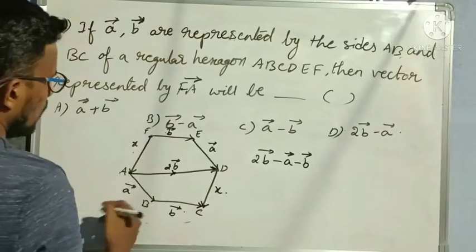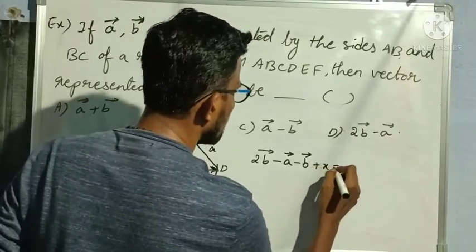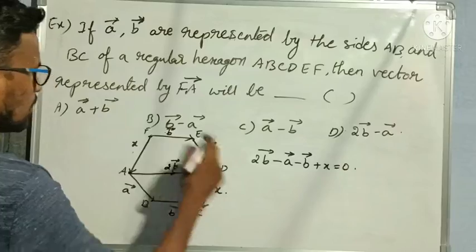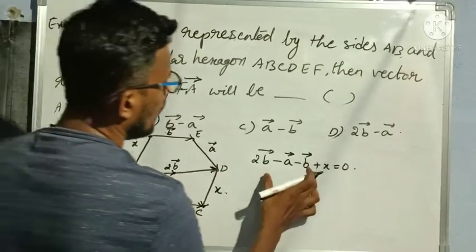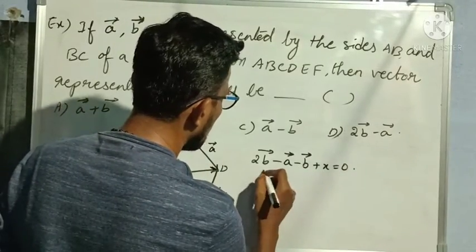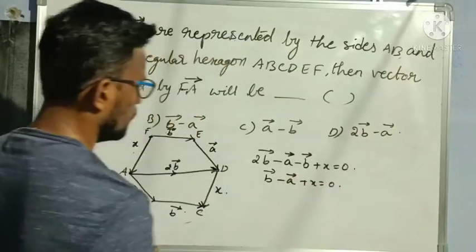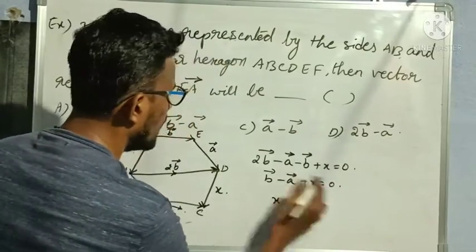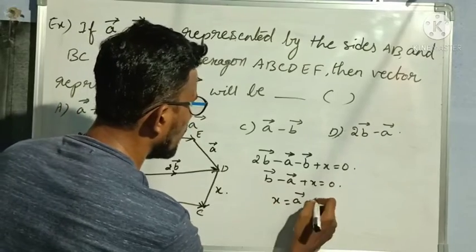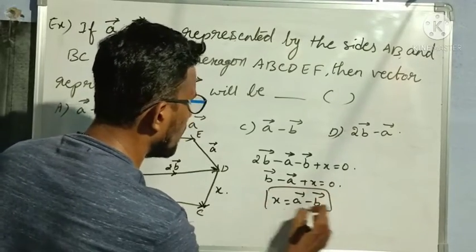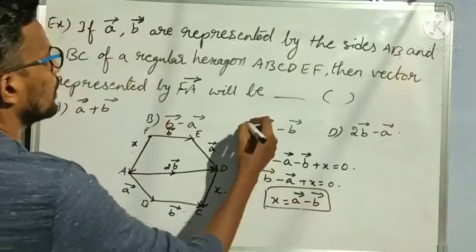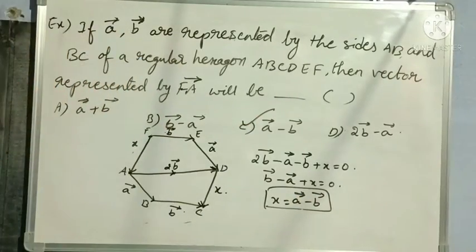Now FA means X. The displacement is 0, right? So 2B bar minus B bar is B bar, minus A bar plus X is equal to 0. So X is equal to minus A becomes plus A and plus B becomes minus B. So X is equal to A bar minus B bar. Which option? Option C. Understood?